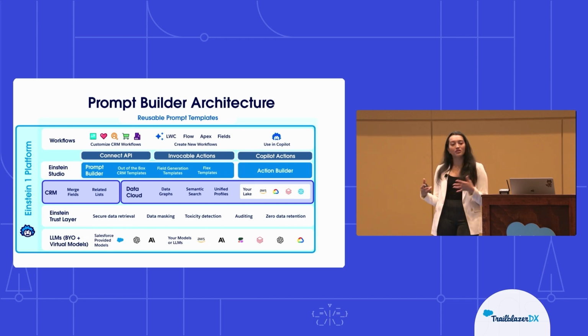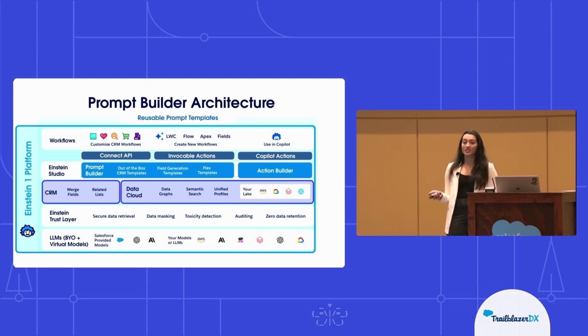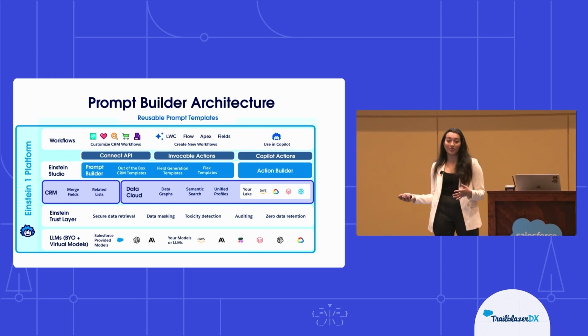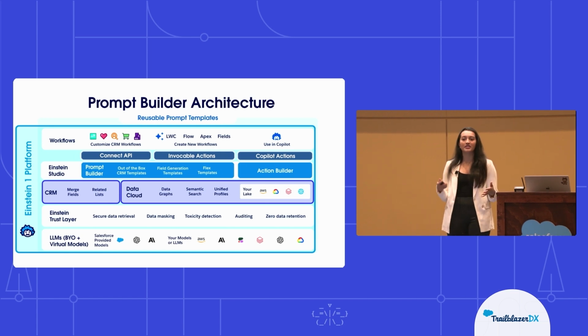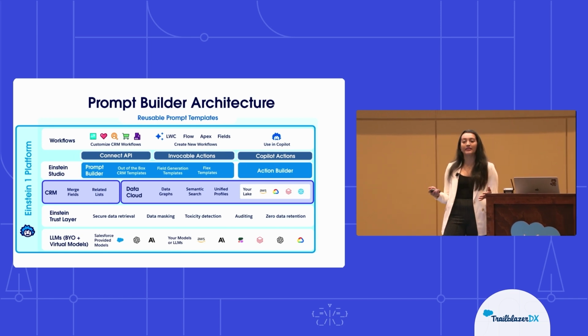So you have all these low-code builders for you to actually bring your data together and use it to your advantage. And of course, these prompt templates are super extensible. They can be invoked via APIs, through flows, or even through the Copilot. And finally, you have the embedded experiences that you can plug these into, whether it's sales, service, marketing, or any custom UI that you want to invoke these prompt templates from.